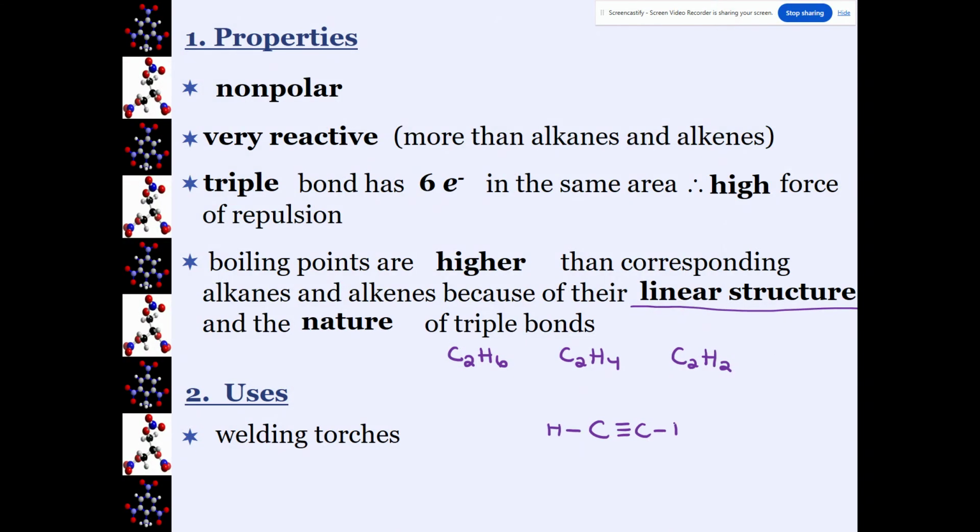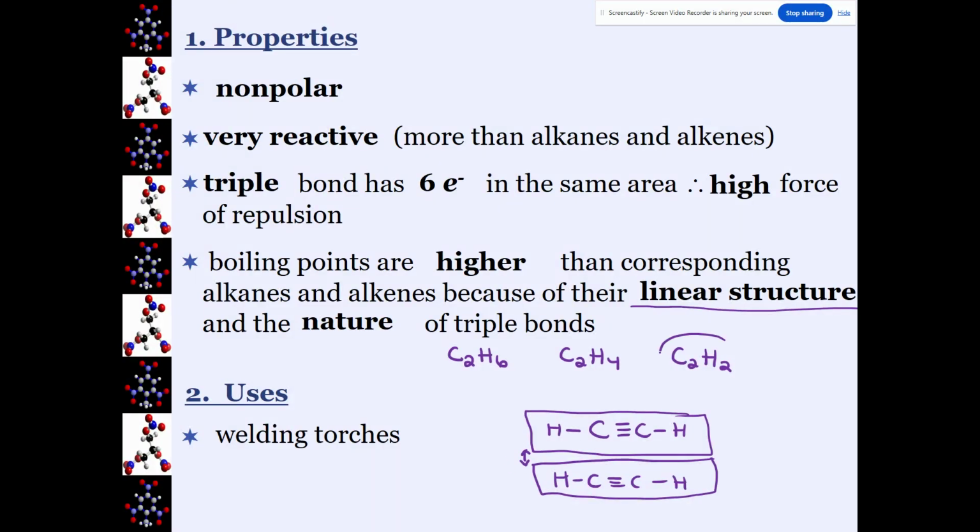Those are my H's. Because of its linear structure, it has a lot of surface area that other molecules can come right along with. They can get really close and interact, and it makes them hard to separate. That's again what your London dispersion forces are. So these actually have a higher London dispersion force than the other 2 types of compounds we've talked about so far. So they actually have the highest boiling point of the 3, okay?